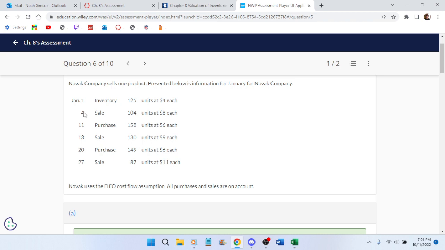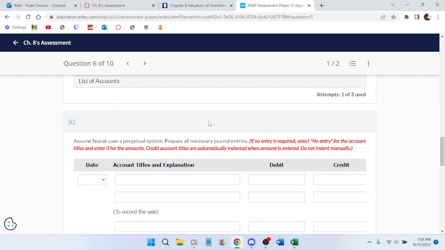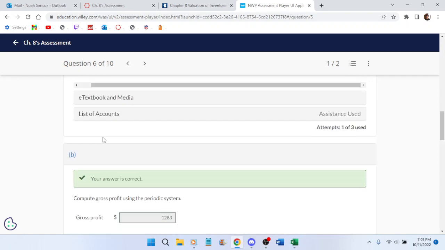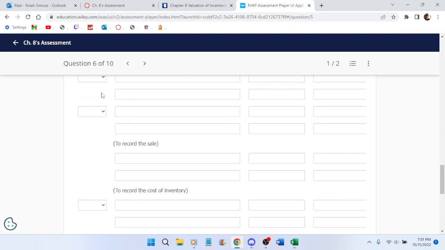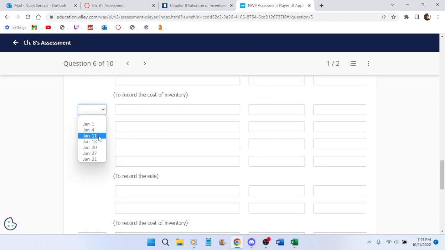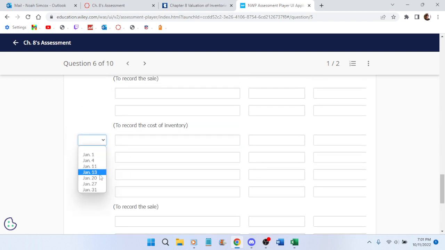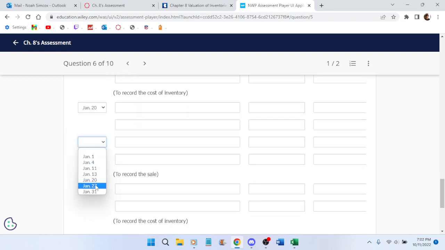January 1, January 4 is a sale. Okay, basically it's just going to be in order, like 11th, 13th, 20th, 27th. There's nothing necessary at the end.